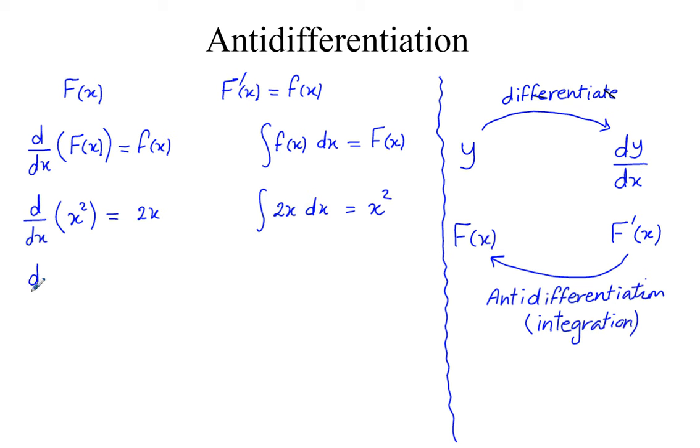What is the derivative of sine x with respect to x? The derivative of sine x with respect to x is cosine x. Then the antiderivative of cosine x with respect to x gets me back to the original function, which is sine x.